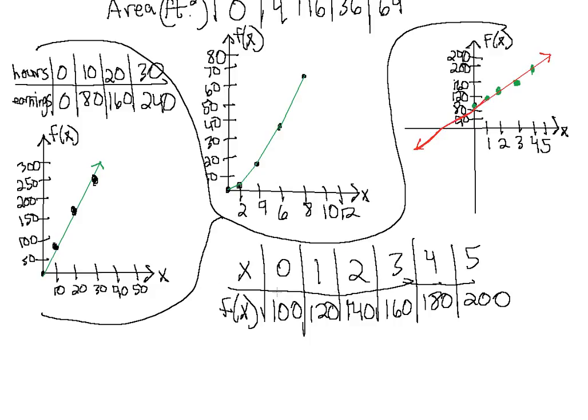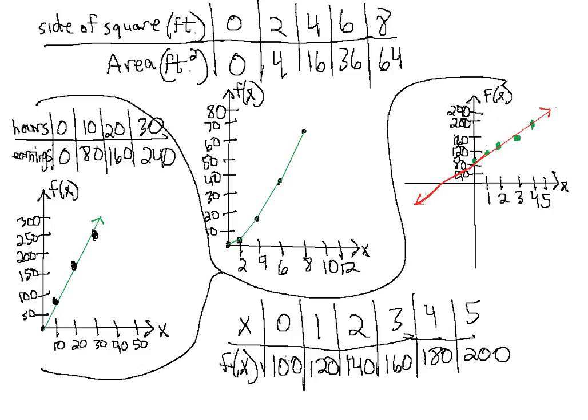Because we're not told that it's an actual quantity, so we have to assume that the domain can be negative as well, and that it's continuous in both directions. So be careful with the information that we're given, and more importantly, the information that we're not given. We can't just assume, even though we've done examples like this, that we're talking about an actual quantity.